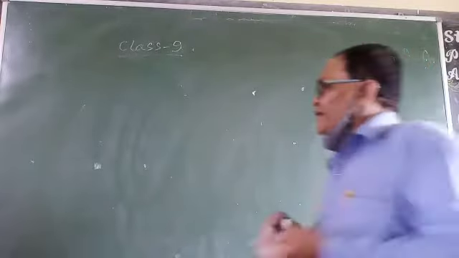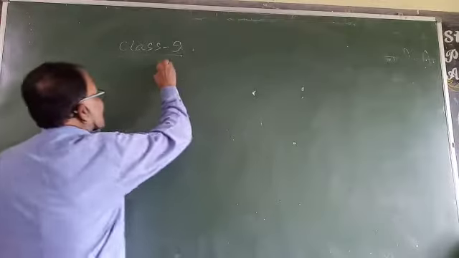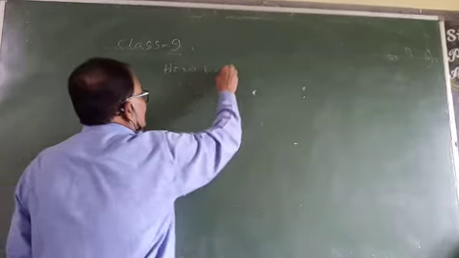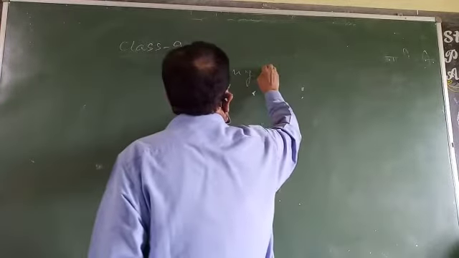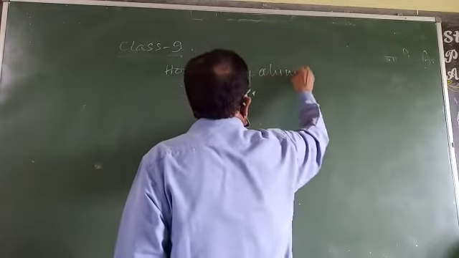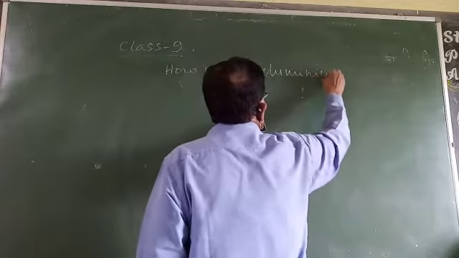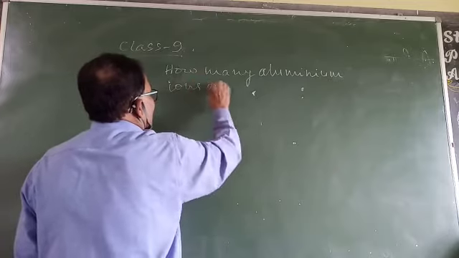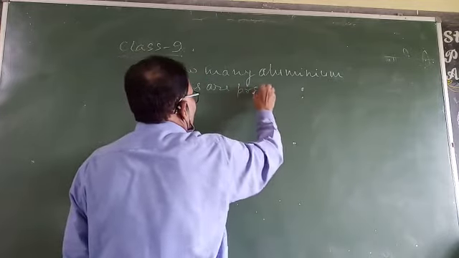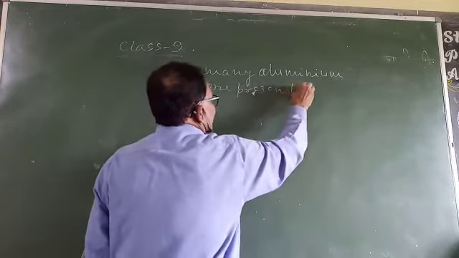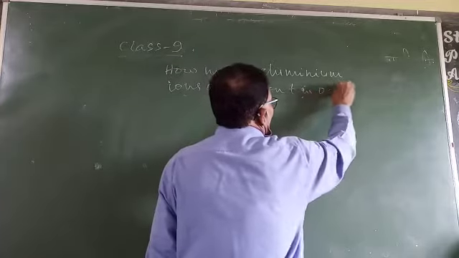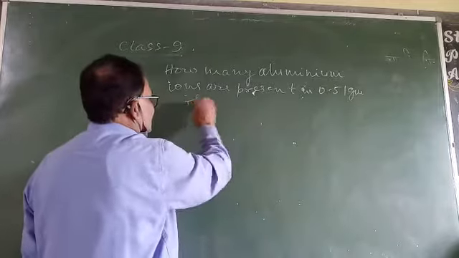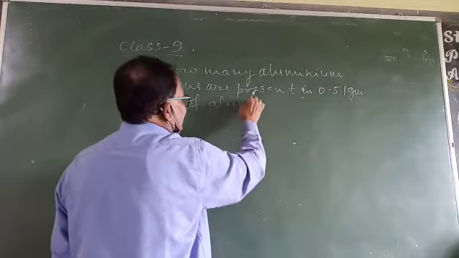We have to calculate how many aluminium ions are present in 0.51 grams of aluminium oxide.